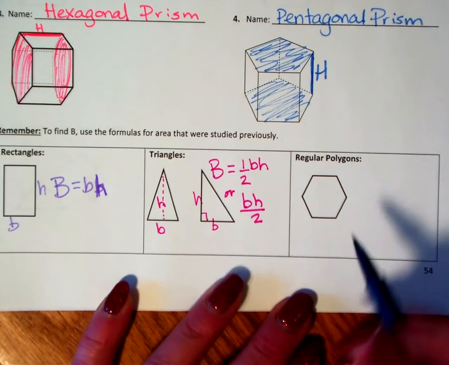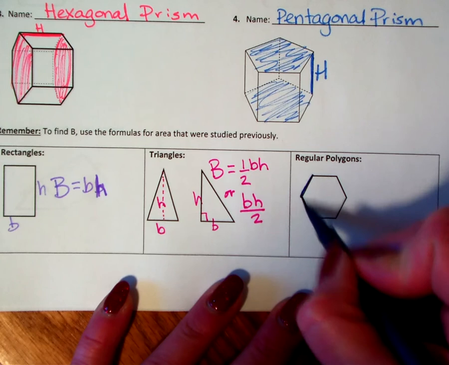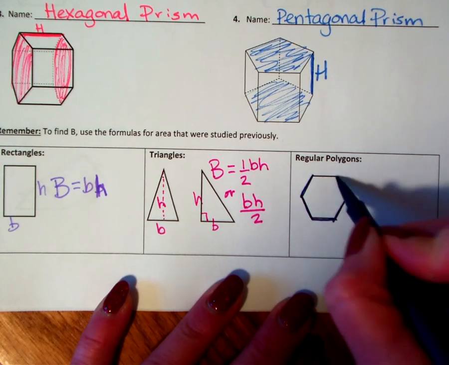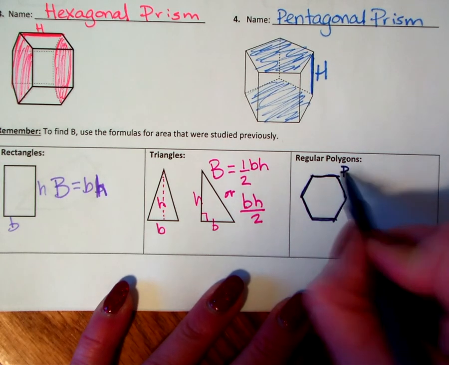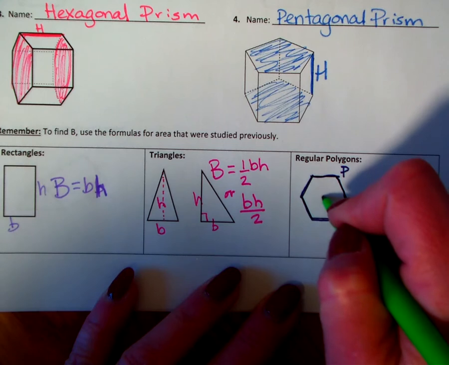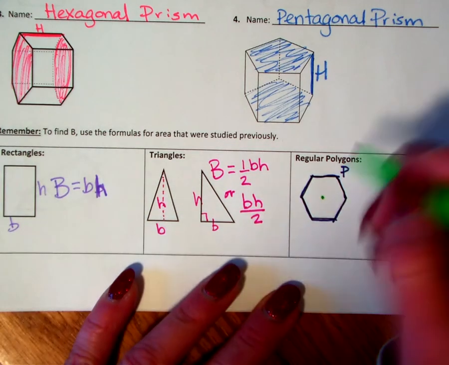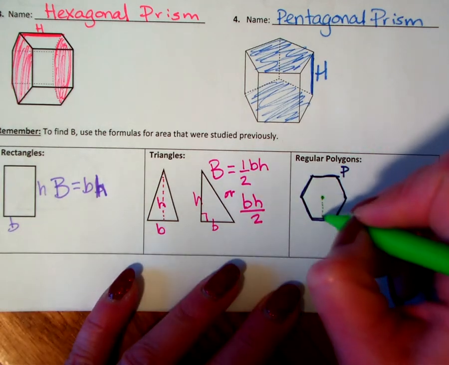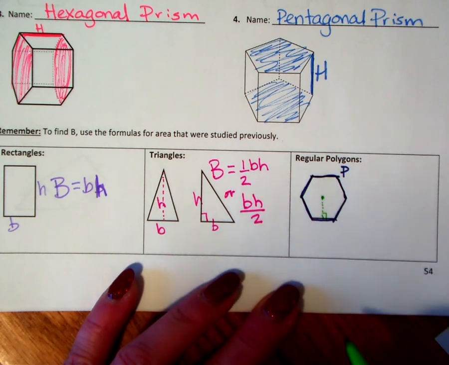Regular polygon, this is where it's a little bit different. So remember the perimeter is the distance around the outside. That's our P. And our apothem is from the center vertically here, making a right angle here, right?